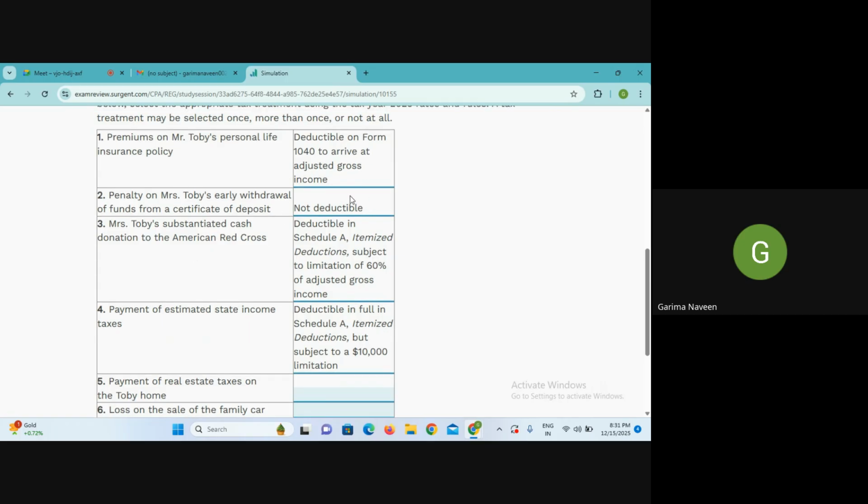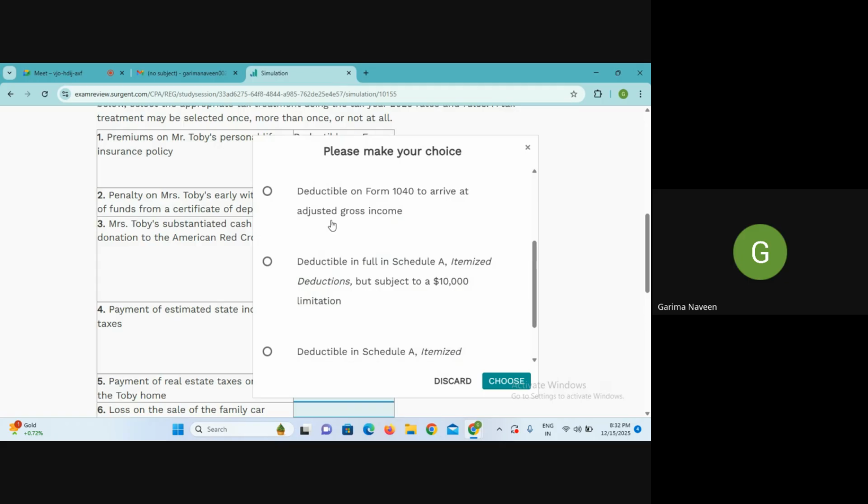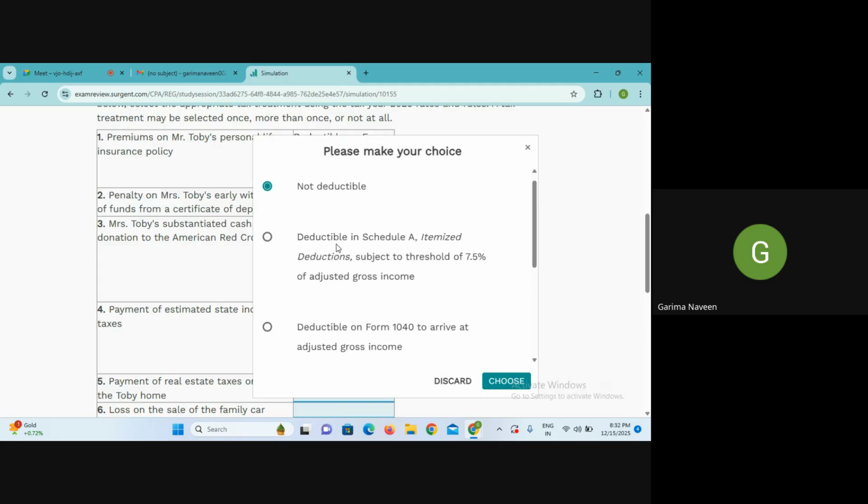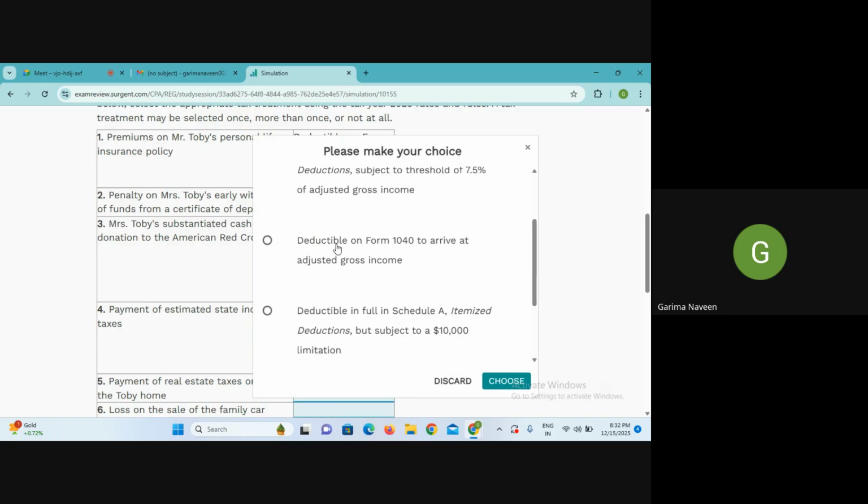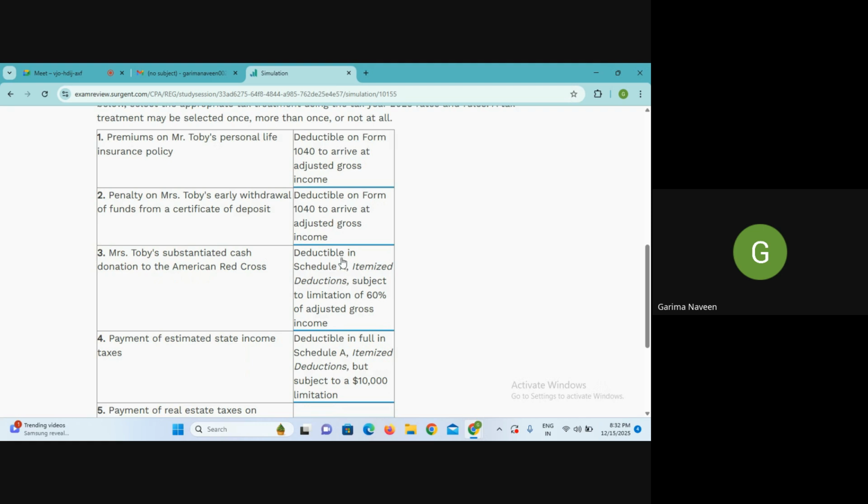These were also wrong. So penalty on early withdrawal of funds from certificate of deposit. If you have any penalty on early withdrawal of savings, then you can take this penalty as an above the line deduction. So it will be deductible on Form 1040 to arrive at adjusted gross income.